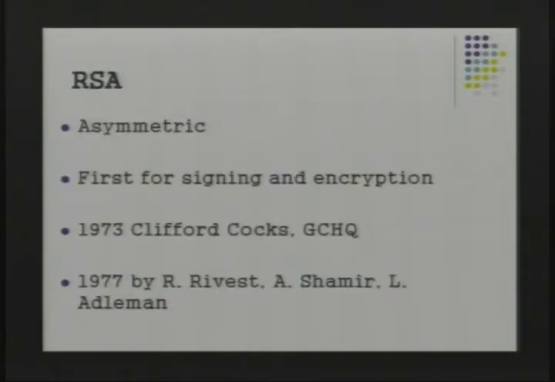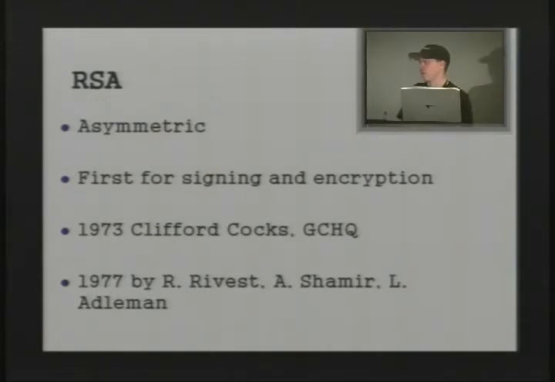The next one is RSA. It is asymmetric, meaning it's public key, and it was the first cipher for signing and encryption. And this is kind of confusing, this part here. It was first described in 1973 by Clifford Cocks of the GCHQ.